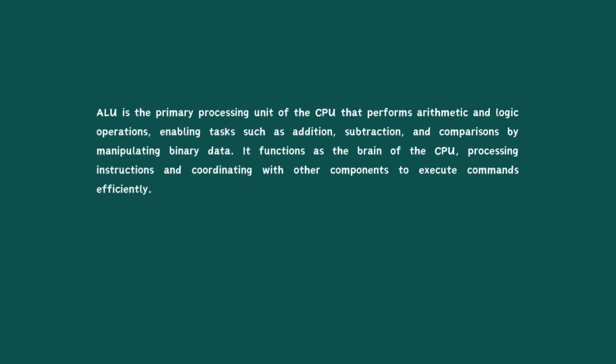ALU is the primary processing unit of the CPU that performs arithmetic and logic operations, enabling tasks such as addition, subtraction, and comparisons by manipulating binary data. It functions as the brain of the CPU, processing instructions and coordinating with other components to execute commands efficiently.